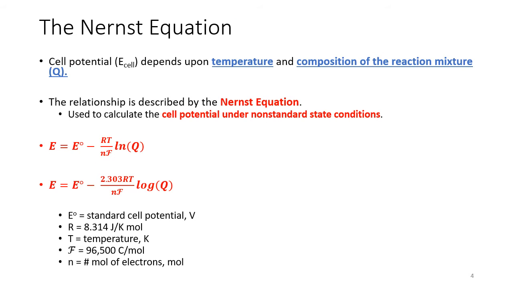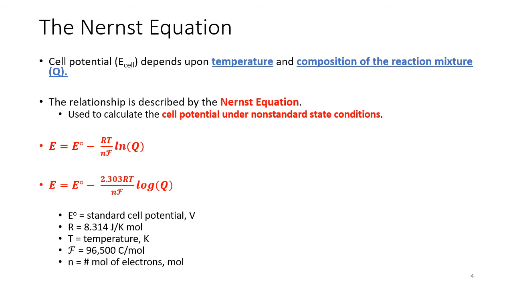Up until now, when we've been calculating our cell potential, we've been calculating the standard cell potential. So cell potential under those standard state conditions only. 25 C, 1 molar solutes, 1 atm of pressure for gases. Now we're going to learn something called the Nernst equation, which will actually allow us to calculate cell potential under non-standard state conditions.